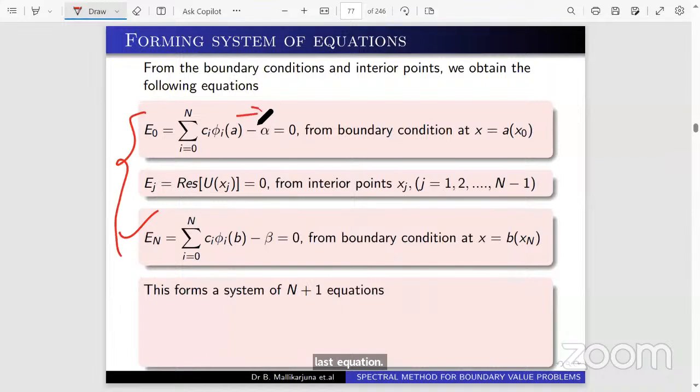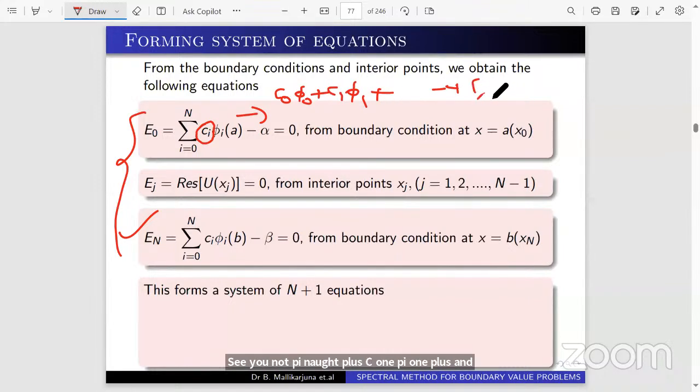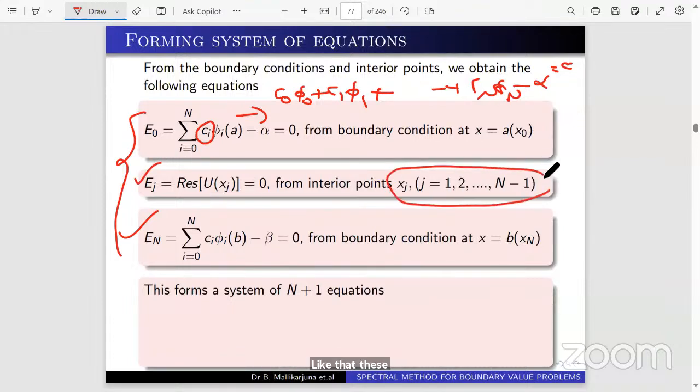Which you observe here, it depends on Ci. It is just for your information, I'm writing C naught pi naught plus C1 pi 1 and so on, Cn pi n minus alpha is equal to 0. Like that, these residual functions at the different points will give n minus 1 equations.